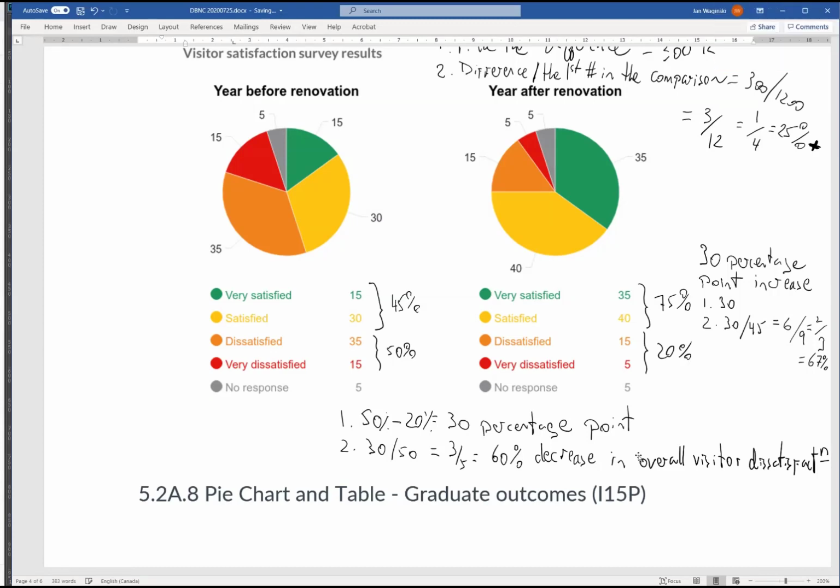No response? We have not discussed the no response bullet, the gray one. Do you consider that meaningful information in this chart? Yes, because people are not responding. This is also a good indicator.